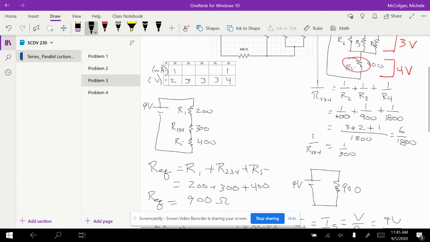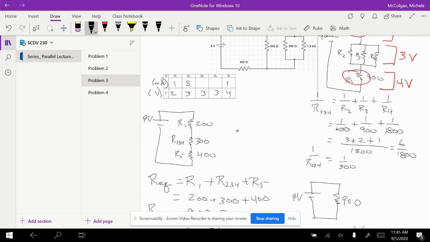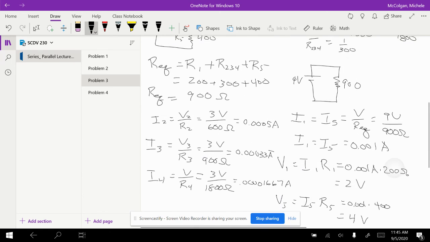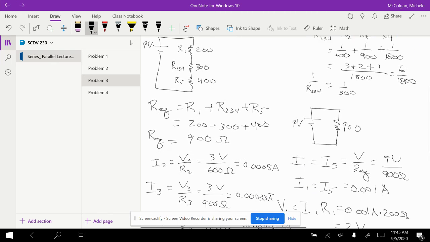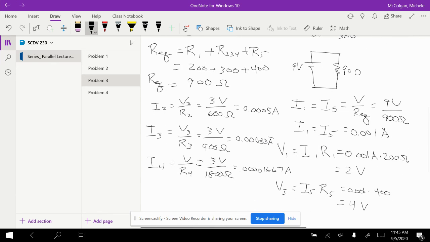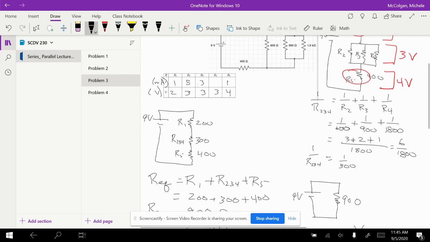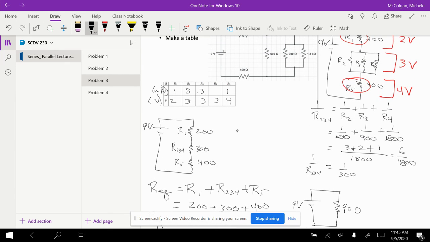So I'm going to have 0.5 for I2, 0.3 for I3, and 0.2 for I4. And so these should add up. So 0.5 plus 0.3 plus 0.2 gives me 1.